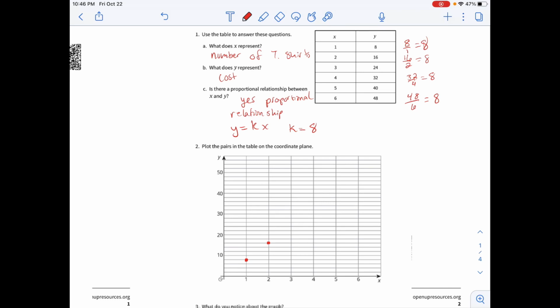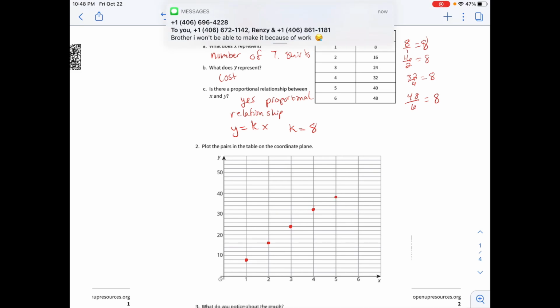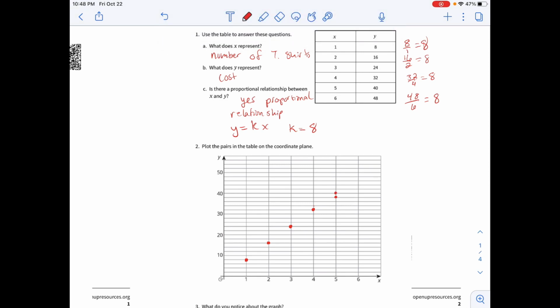If you buy 3 t-shirts, you pay $24. 4 t-shirts, $32. 5 t-shirts, $40. And then 6 is 48. So there we've graphed them.